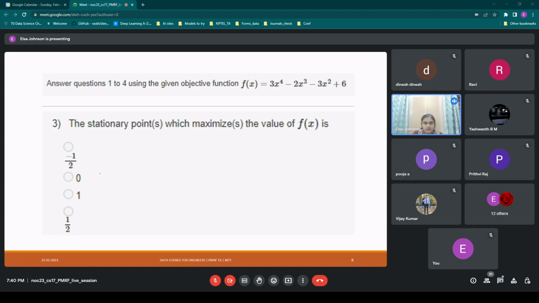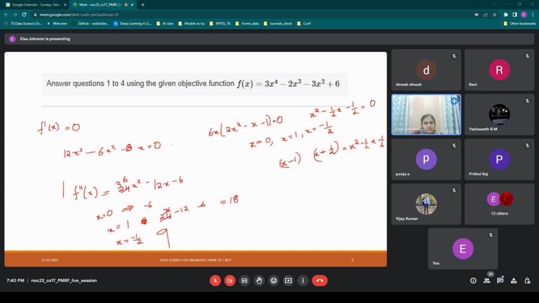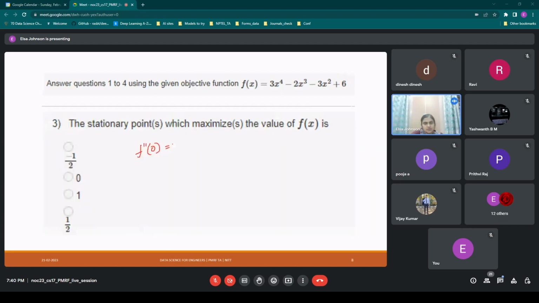Right now you have got f double dash of 0 as minus 6, right? And f double dash of 1 as, yeah, the second option is 0. Just tell me what f double dash of 1 was.